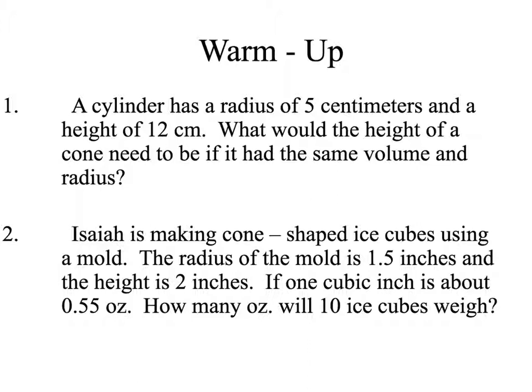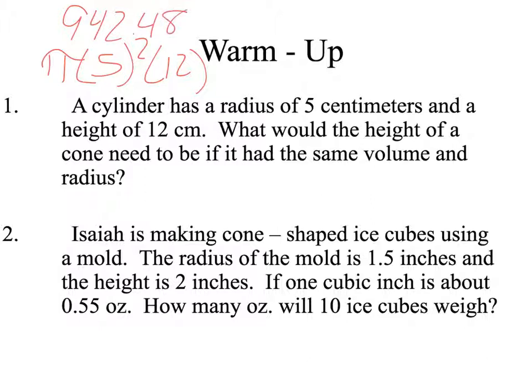Alright. So we have a cylinder with a radius of 5 centimeters and a height of 12. So that's going to be pi times 5 squared times 12. Gives me 942.48.